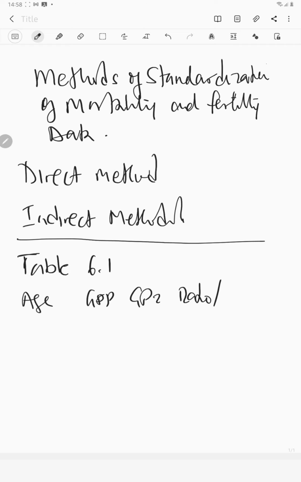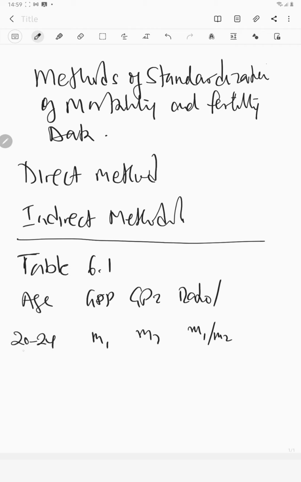On this one, I want you to refer to chapter 6, which is talking about standardization. Normally what you do is you must establish the ratio. Let's say for 20 to 24, we have M1, and here we have M2. So the ratio can be obtained from M1 and M2.